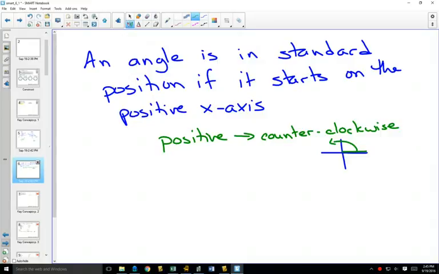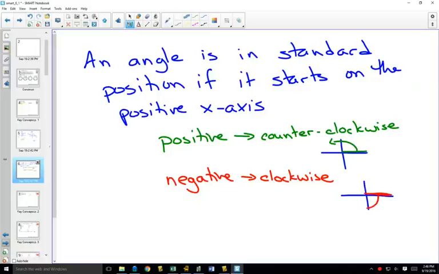All of those angles will be considered positive. And your angle will be in standard position but negative if it's going clockwise. So again, starting here but going this way, all of those will be negative angles in standard position.